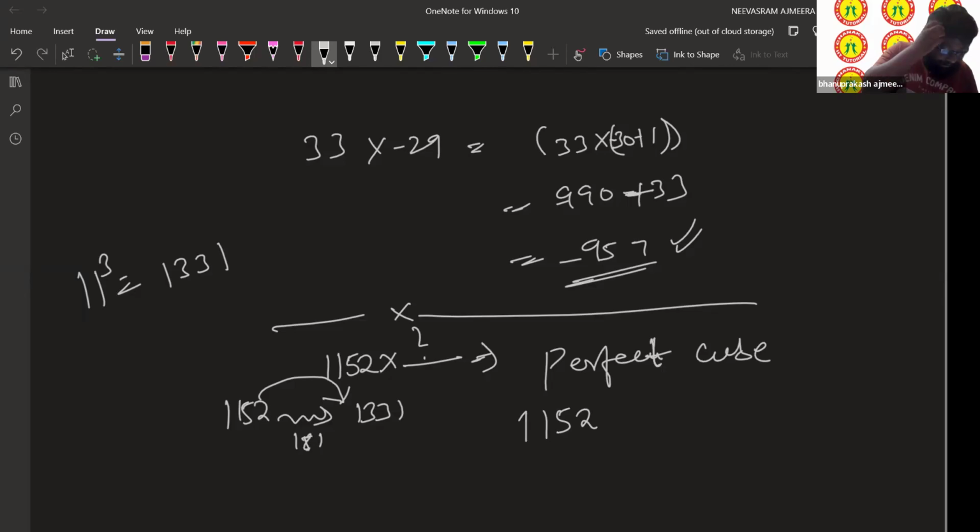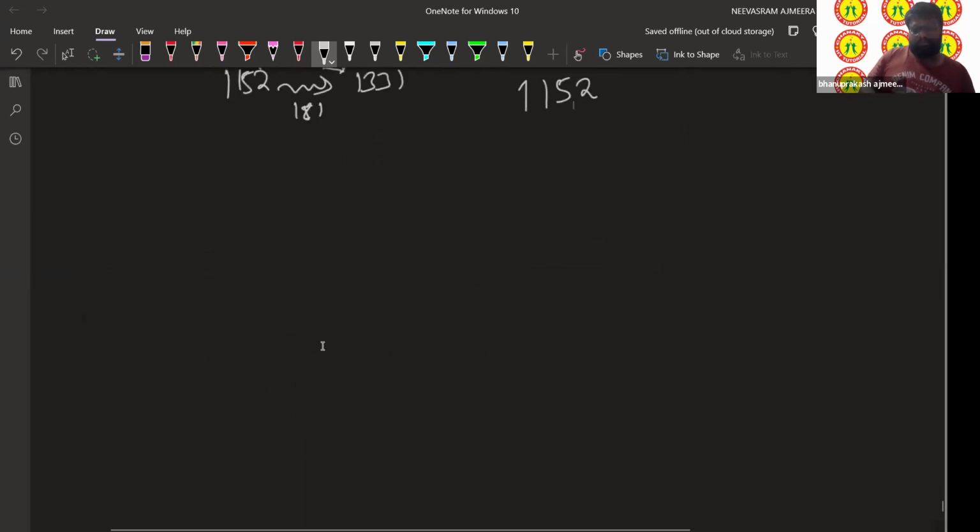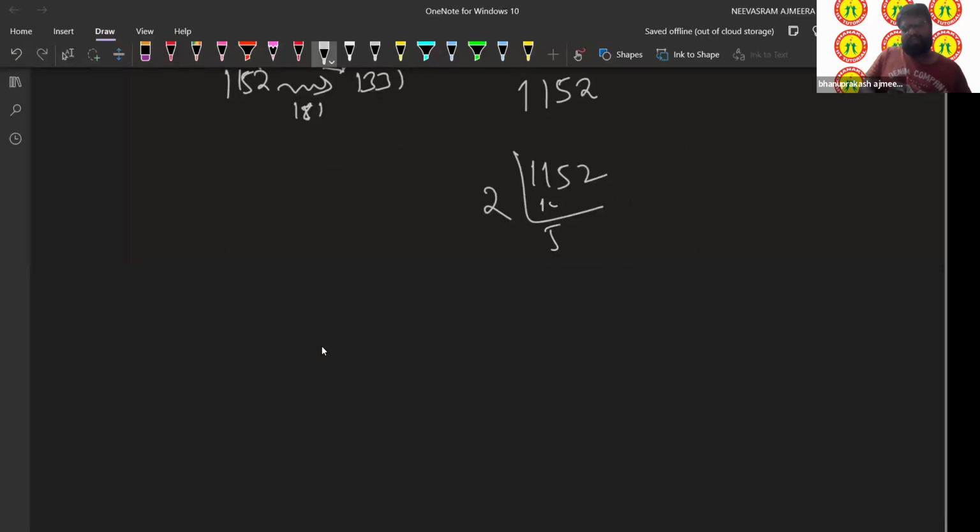Let us go for prime factorization, then you will come to know. So 1152, I am going for prime factorization.